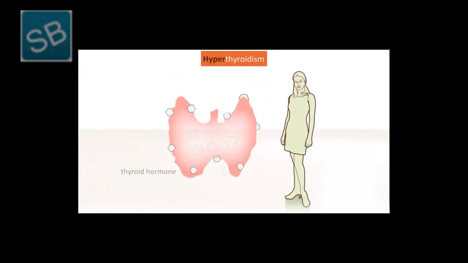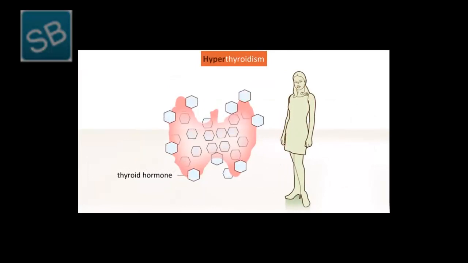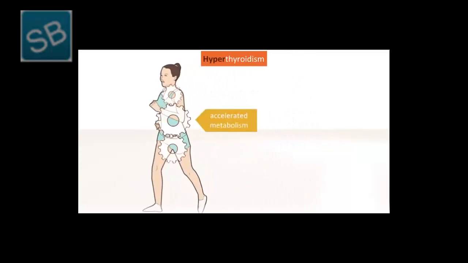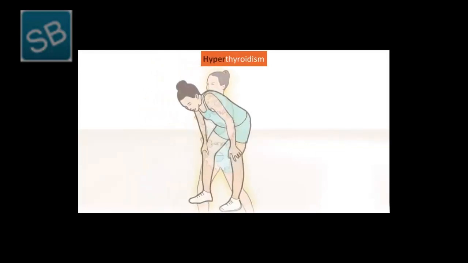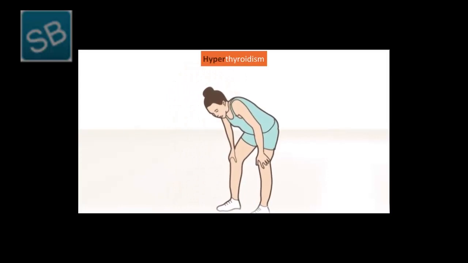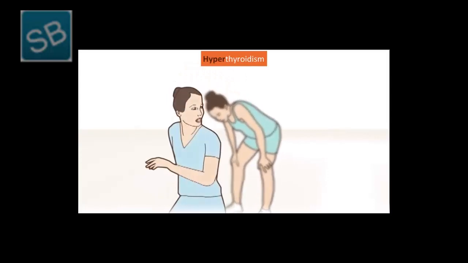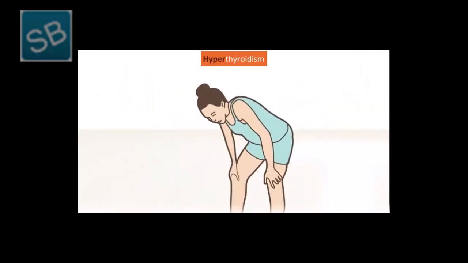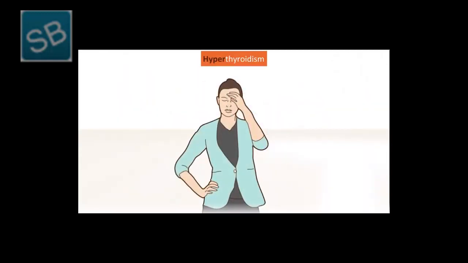Hyperthyroidism means that the thyroid gland is producing excessive thyroid hormone. It causes increased metabolism, which consumes a lot of your energy, and is the main reason why people having hyperthyroidism feel tired. They also feel nervous and stressed, which makes them even more tired. Hyperthyroidism can be treated but has various symptoms.